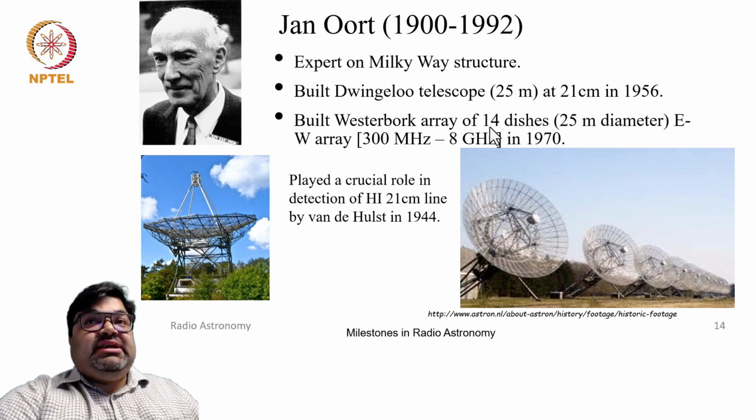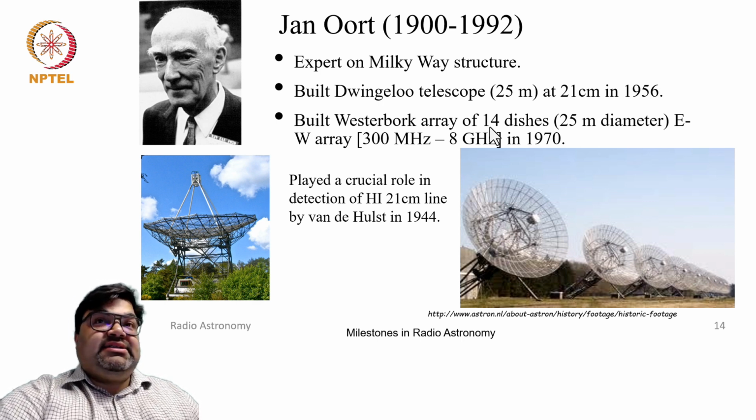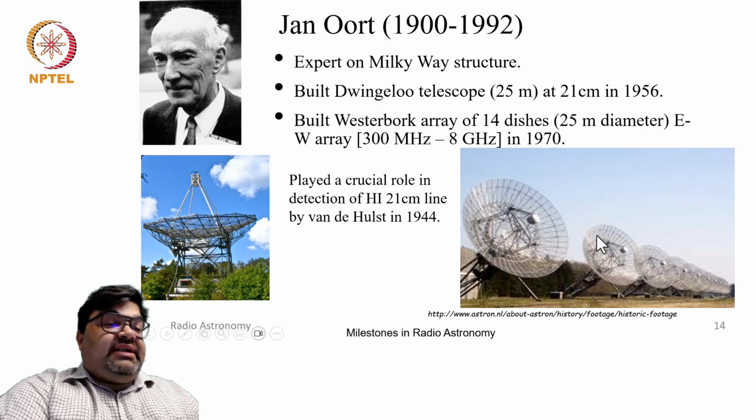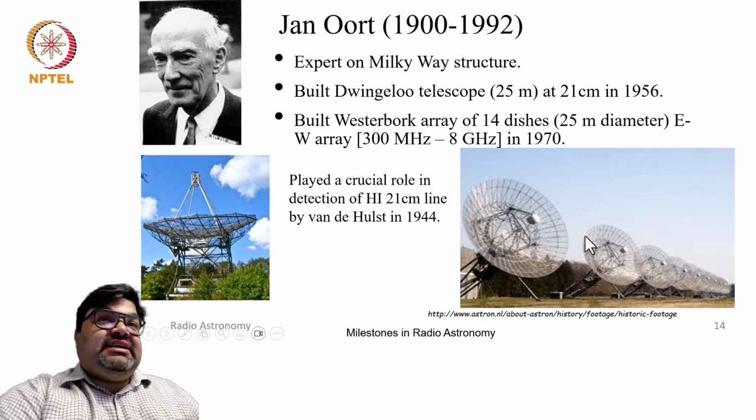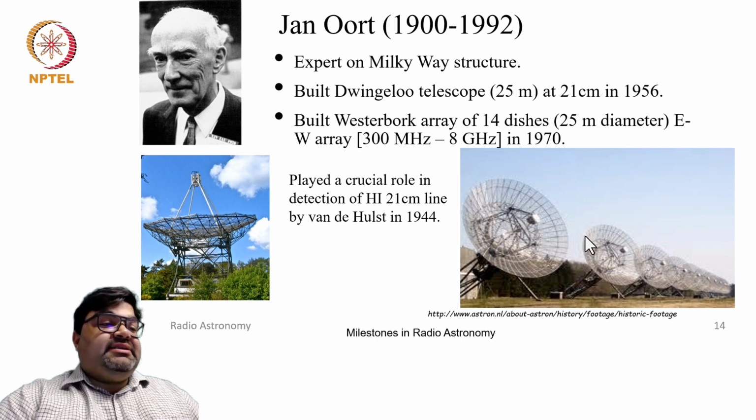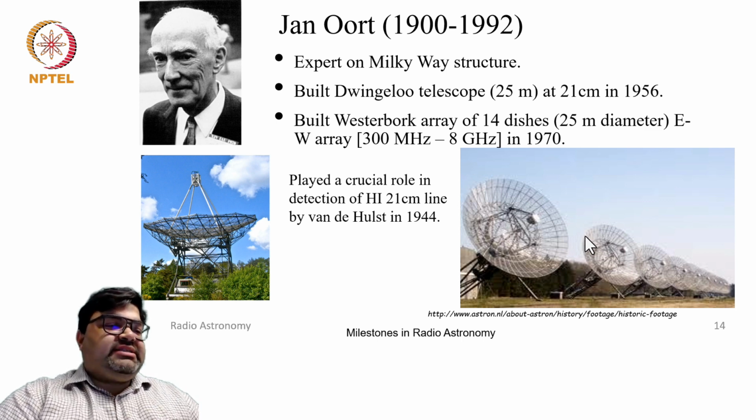They operated between 300 megahertz and 8 gigahertz. It was done in the 1970s. But unlike the VLA, which I showed you a picture of in the very first week, and also GMRT, it is not a 2D array. It's a one-dimensional linear array, and has some limitations, but we can discuss it later on.